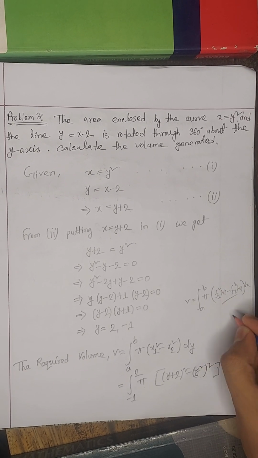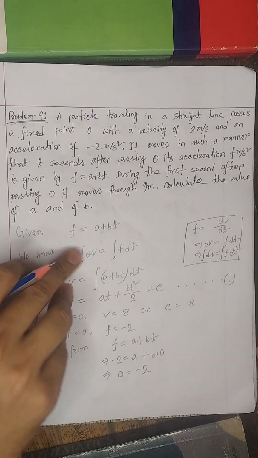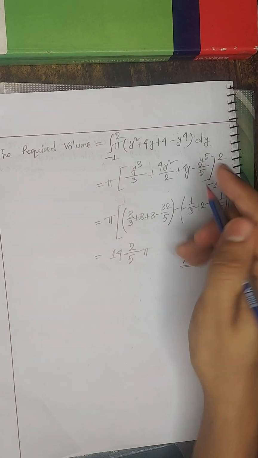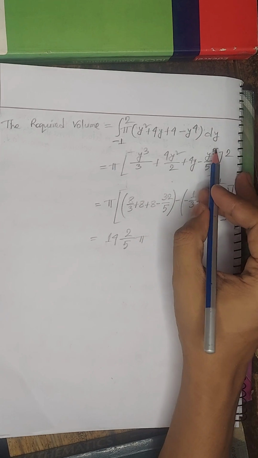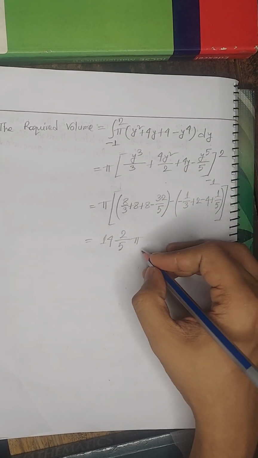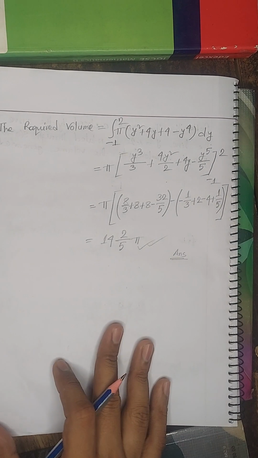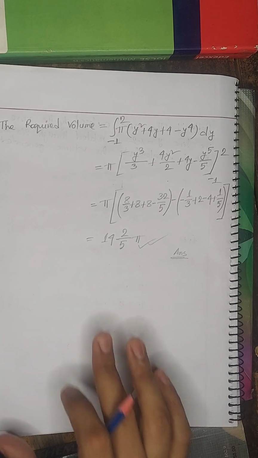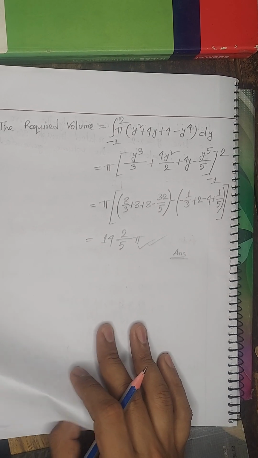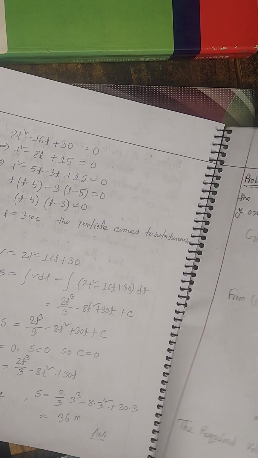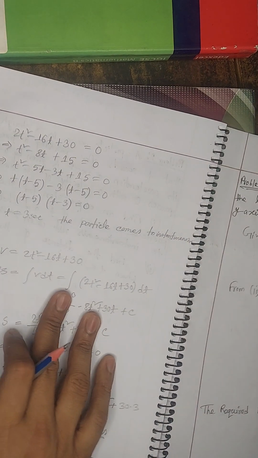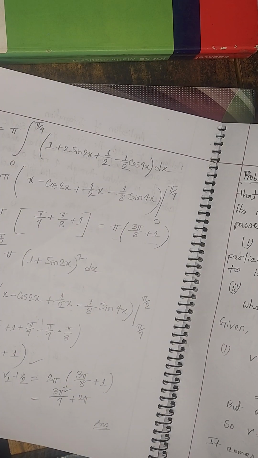So we use this formula here, right? And then after applying our integration and limit, we get our required result. So these two are similar problems which came from the revolution of a structure.